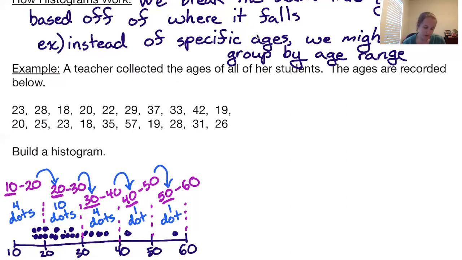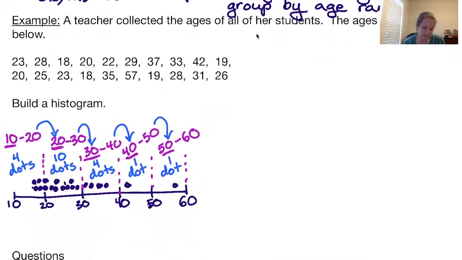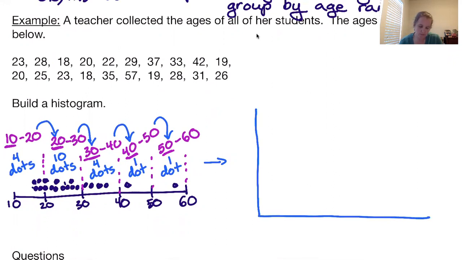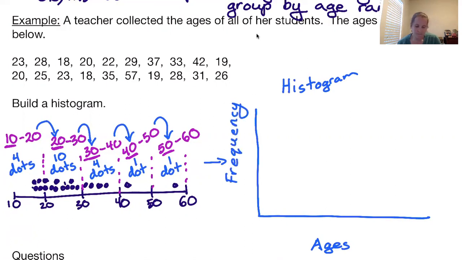Right. Now we're going to translate this to a histogram. So this is our histogram over here. Down below will be their ages, and along the side will be what we call the frequency. Frequency is just the head count.